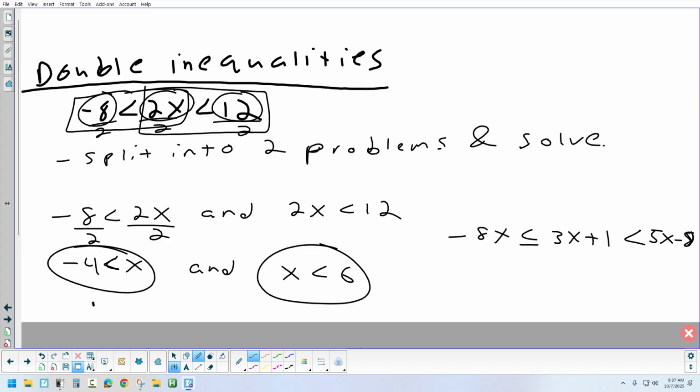In this case, that's a little bit more complicated of an inequality. You can't just say, oh, divide everything by 2, and then you get the x by itself in the middle. So the easiest way to solve that is split it into 2 problems and solve each one separately.